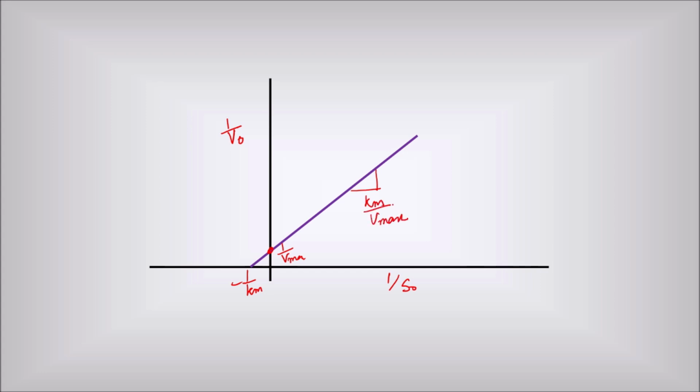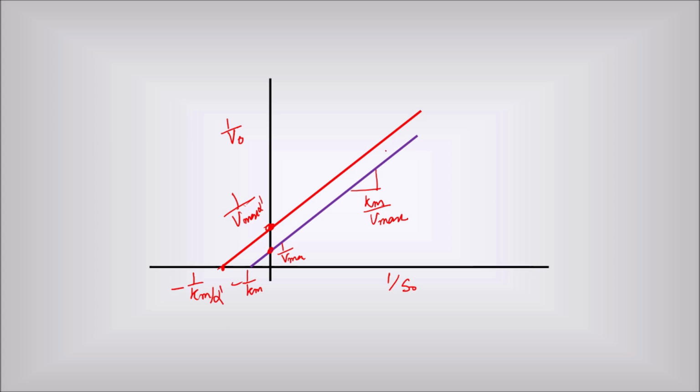But in presence of the uncompetitive inhibitor, minus 1 by Km will change by the factor alpha, and here Vmax will also be affected by the factor alpha dash.